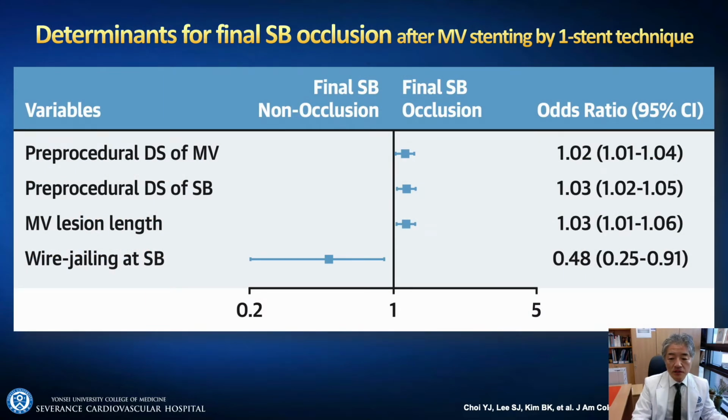When analyzing the determinants of final side branch occlusion after stenting, wire jailing in the side branch was a significant factor, along with the greater pre-procedure diameter stenosis of the side branch and main vessel and lesion lengths.